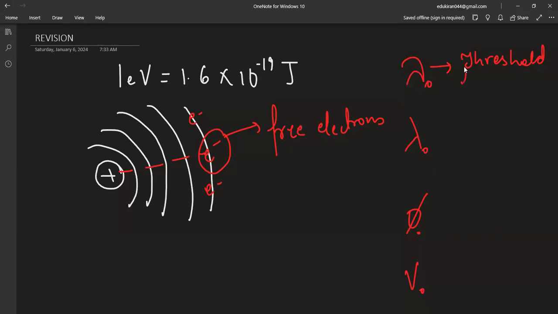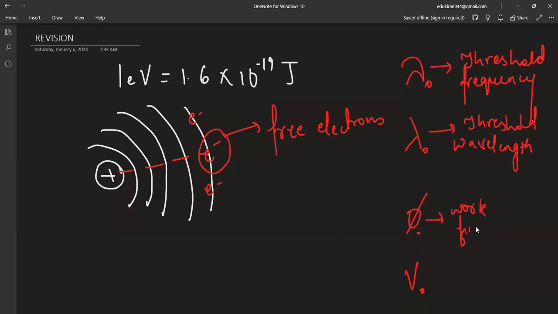This becomes the threshold wavelength. This minimum energy we call the work function, and the minimum potential we call the stopping potential. So these are the basics which all of you are already aware of.